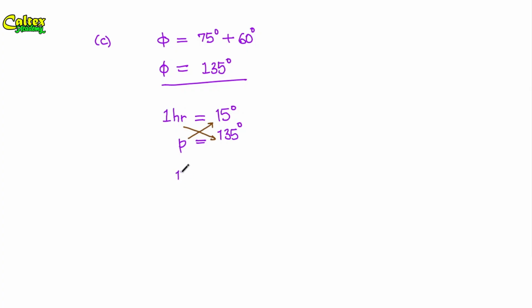So we get 15P equivalent to 135. Writing our extra step, we have 15P divided by 15, also 135 divided by 15. We cross out our 15 from the left-hand side, and P is equivalent to, if we plug this into a calculator, 9 hours.